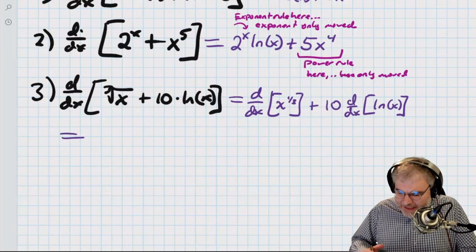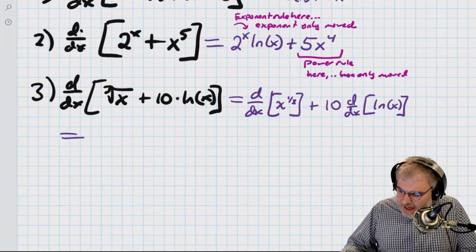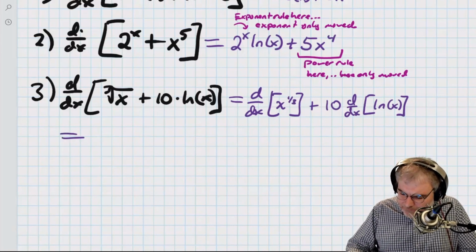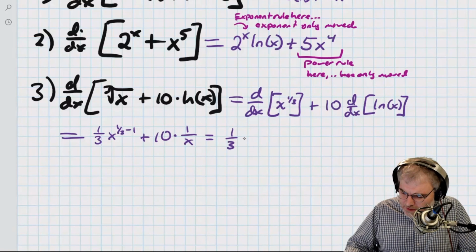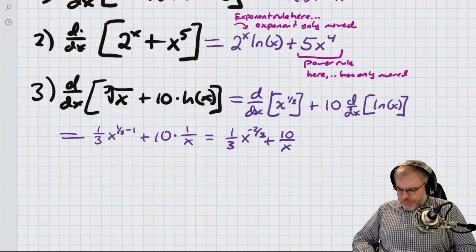Now I evaluate using the power rule. And that's 1/3 x to the -2/3 plus 10 over x.